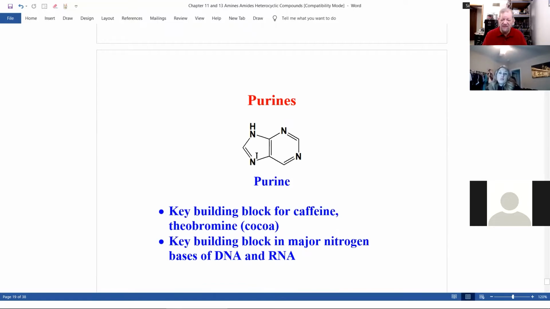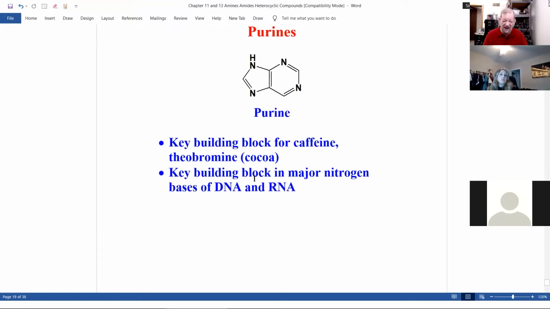Purine is a bicyclic fused ring, 2 cycles or rings, a 6 and a 5. Some of the carbons have been replaced with nitrogens. And it's a key building block for, are you ready for this, caffeine and theobromine. Bromine. I always say bromine, it's bromine. And that's the key ingredient in cocoa, which makes up chocolate. And it's also a key building block in your DNA and RNA.